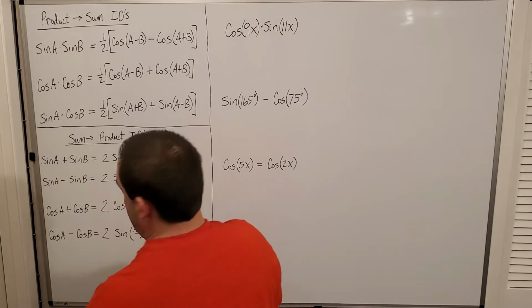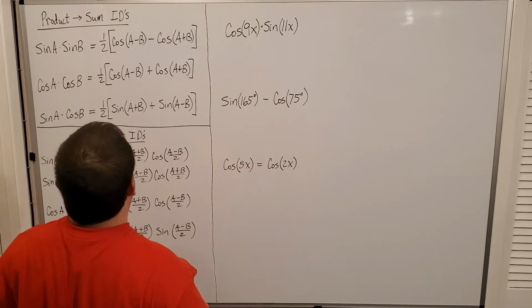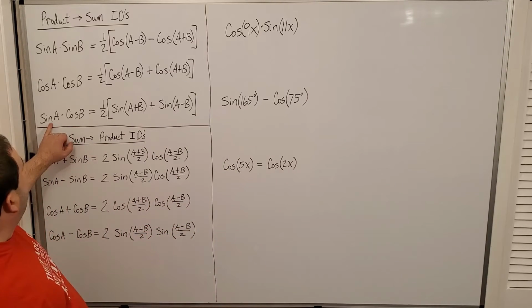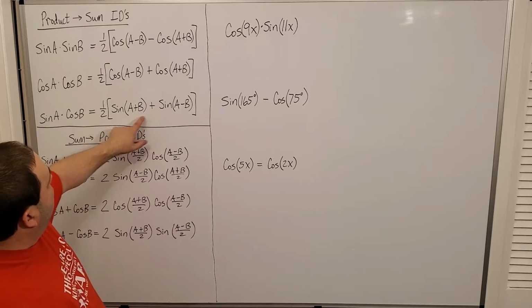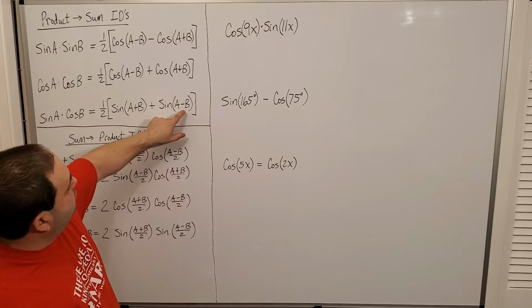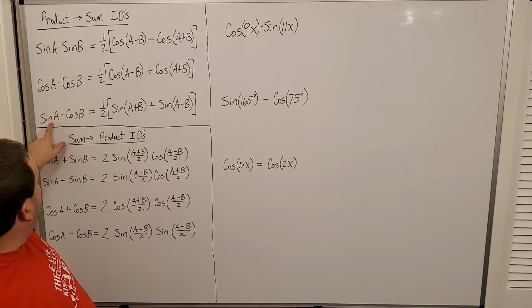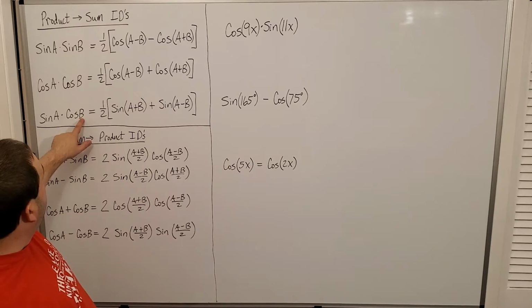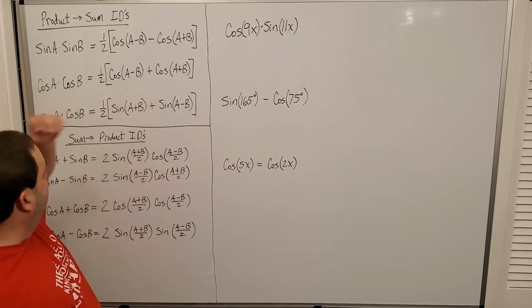I'm going to take this and rewrite it. The first thing I'm going to notice is my identity has the sine of A and the cosine of B. Notice where the A minus B is right here. You want to make sure that you have that subtraction in the correct order. So A is whatever goes with the sine, and B is whatever comes with the cosine for this formula, specifically.